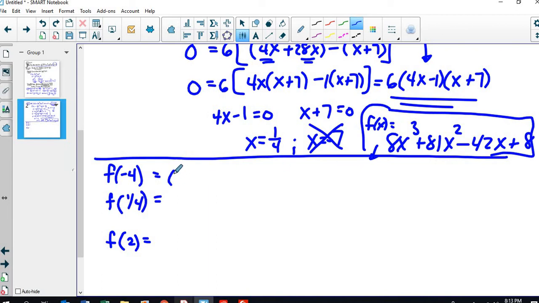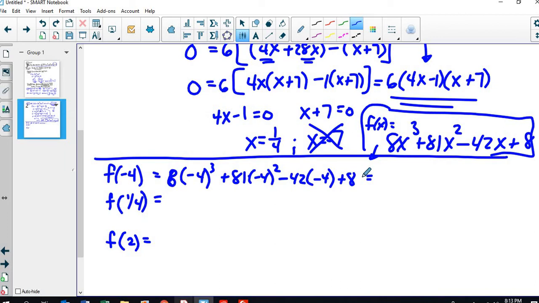So we get 8 times -4 cubed plus 81 times -4 squared minus 42 times -4 plus 8. Again, you've got calculators, so certainly make use of the fact that you've got a calculator and make sure that you're plugging them in correctly, using parentheses as your friends.